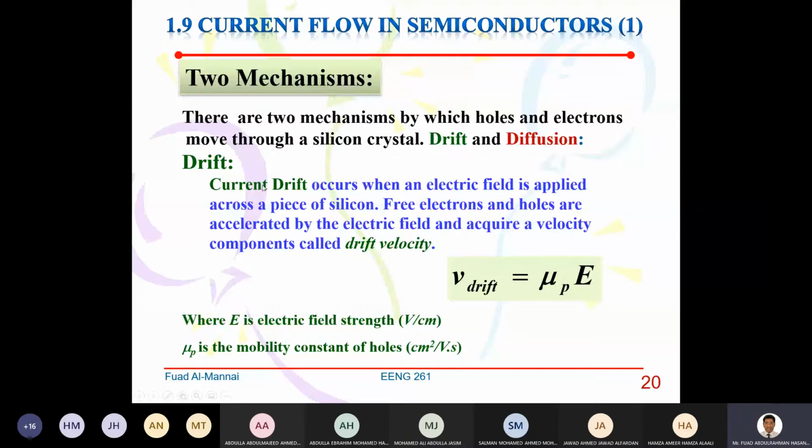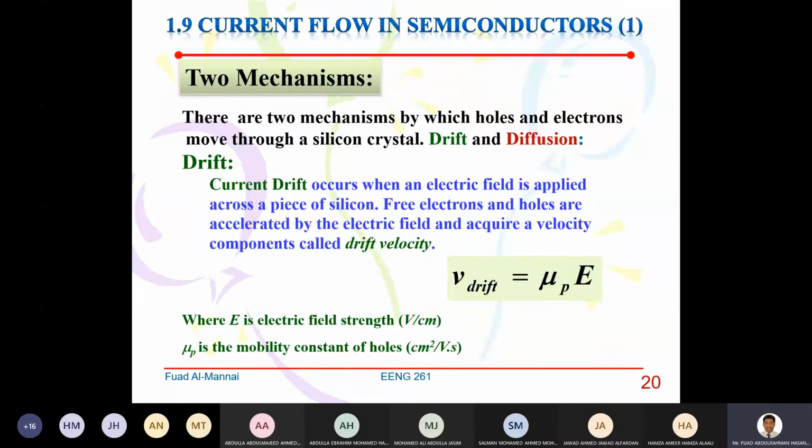So drift will produce drift current, and the drift current occurs when an electric field is applied across a piece of silicon. Therefore, free electrons and holes are accelerated by the electric field and acquire a velocity component called drift velocity.